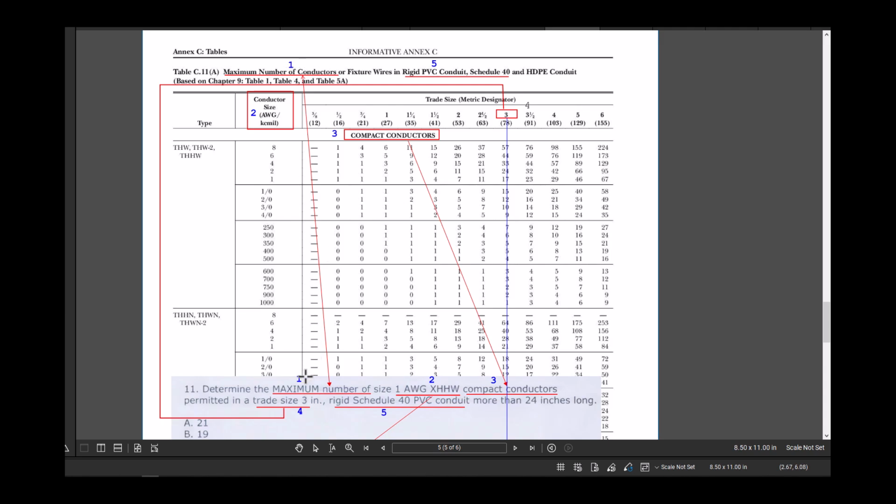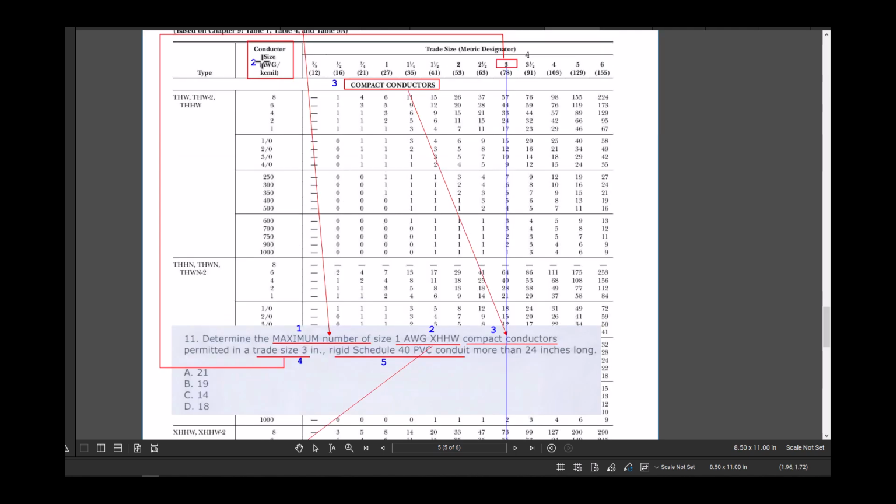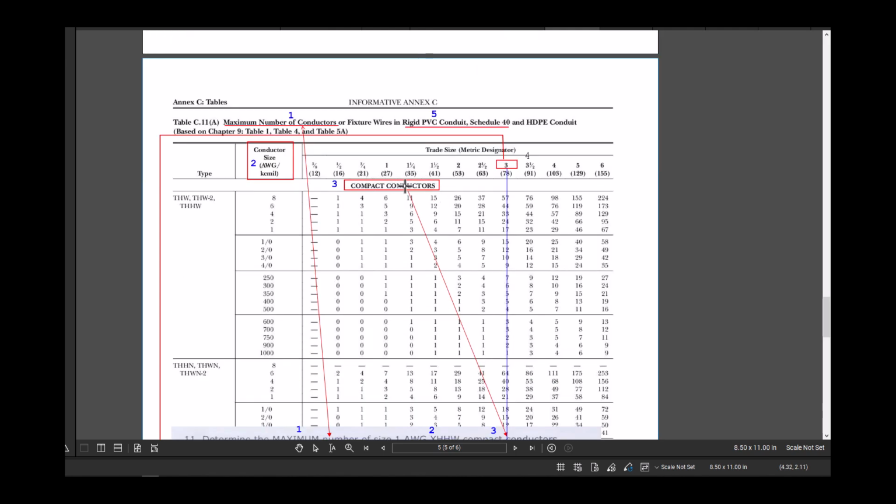Number one, size 1 gauge, which is the gauge size is number 2, conductor size, XHHW, and if we go to XHHW, see here, we have XHHW here, and which is number one gauge. The gauge is here, and conductor size and gauge. Then we have a compact conductor, 3 compact conductors.